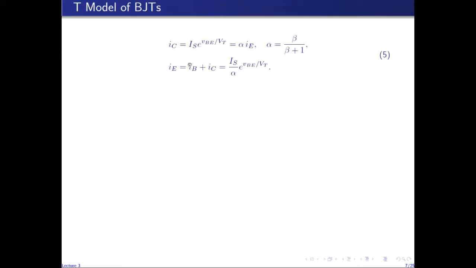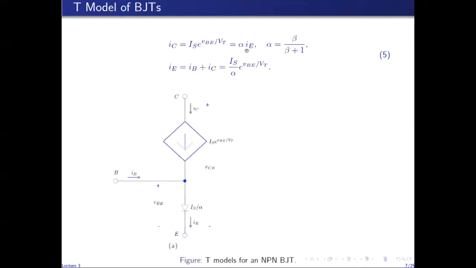So using these expressions for the collector and emitter currents, we can construct a model for the bipolar junction transistor operating in the active mode. This model is called the T model because of its shape. In this model, we represent the collector current as a voltage controlled current source because its value depends upon the voltage VBE, with value given by this expression.